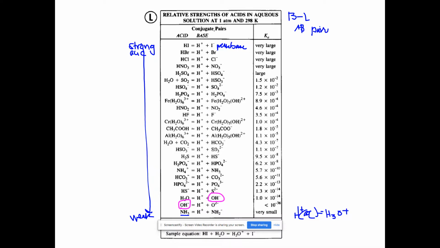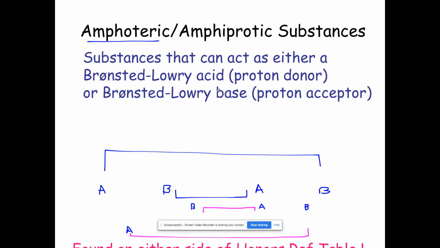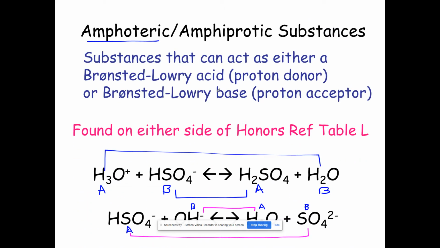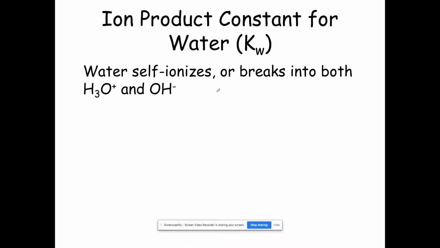There are more. Water is also one. Water, you can include water. There's more. I should have prepped. SO4 sulfate, I believe. No, well, there's more than that. I trust you. Just go ahead and find them if you'd like. Amphoteric means they can act as either a Bronsted-Lowry acid or a base.